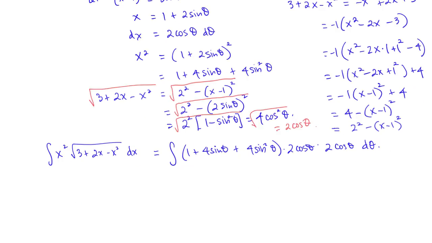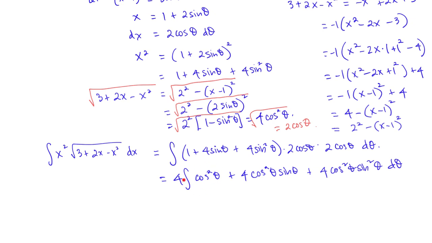This is now 4 times the integral of cosine squared theta plus 4 cosine squared theta sine theta plus 4 cosine squared theta sine squared theta d theta. 2 times 2 is a factor of 4, so we move the factor 4 in front of the integral sign. We then integrate each term separately.